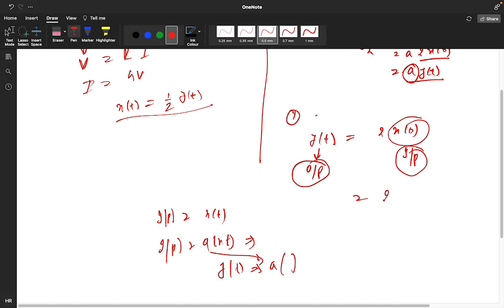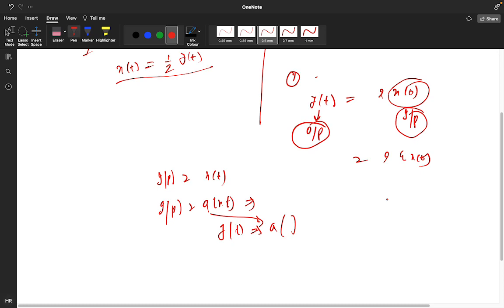Now I have changed our input to ax of t, and if you take this a as common, what are you getting? 2x of t. This is your earlier y of t. So our output is also getting scaled by a, a times y of t.